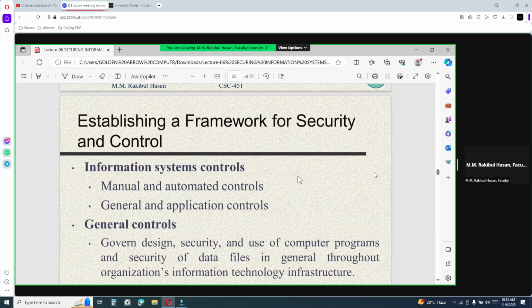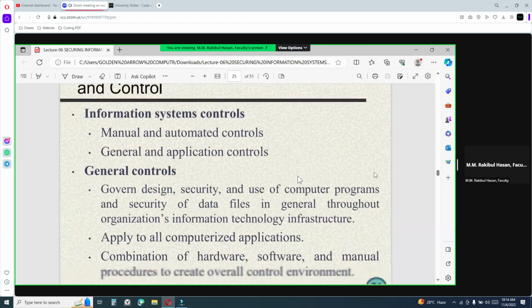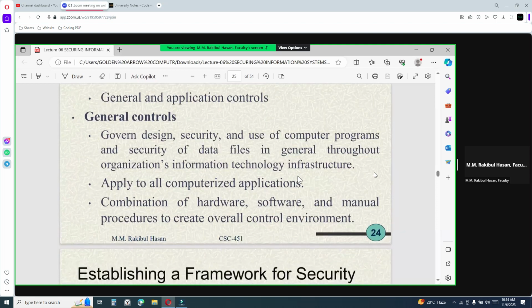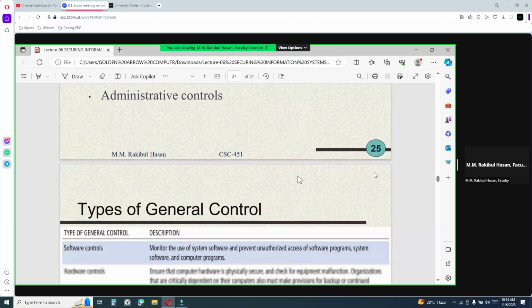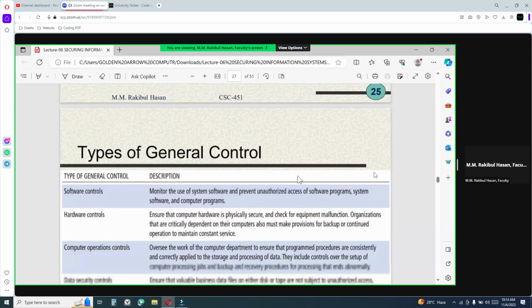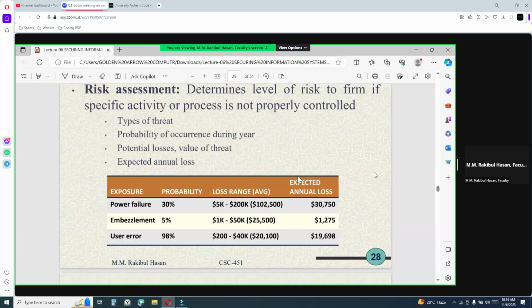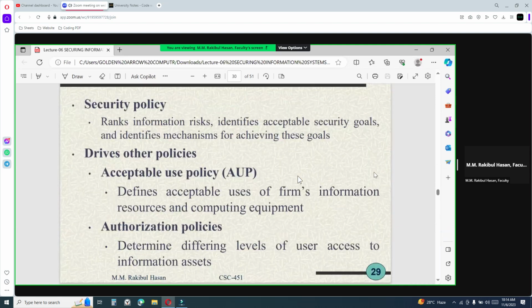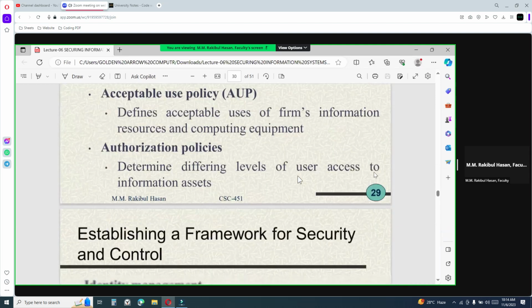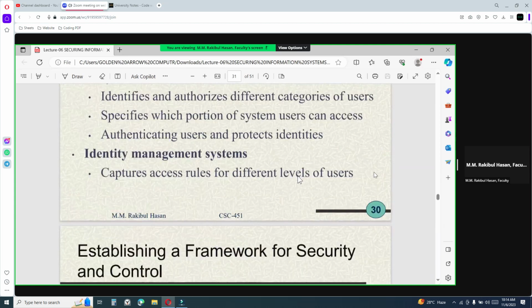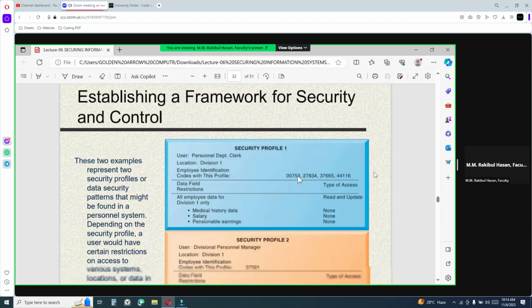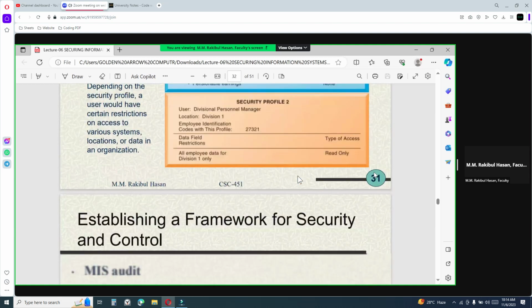First of all, control. Different types of control you basically have to maintain. Then next, what do we have? Second point, risk assessment. Third point, security policy. Fourth point, identity management. Then, as an example given, next one is MIS audit.